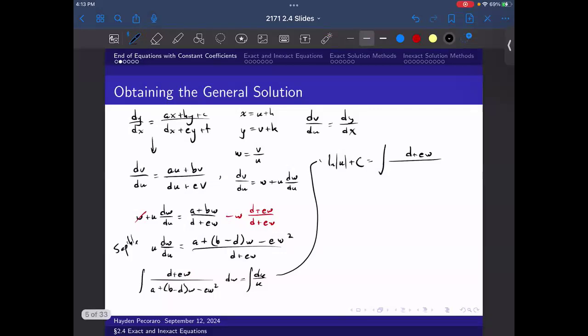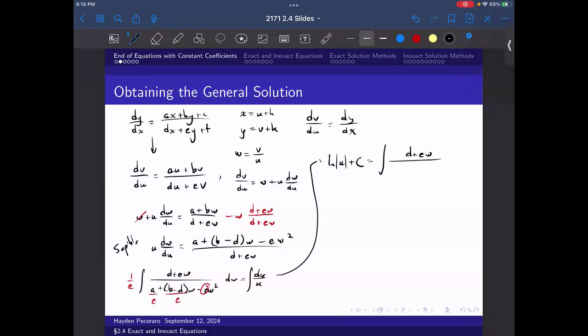So before I write that down, I'm going to note that there's an e right there, and I don't love leading coefficients that aren't 1. So we can factor it out and have 1 over e right there.